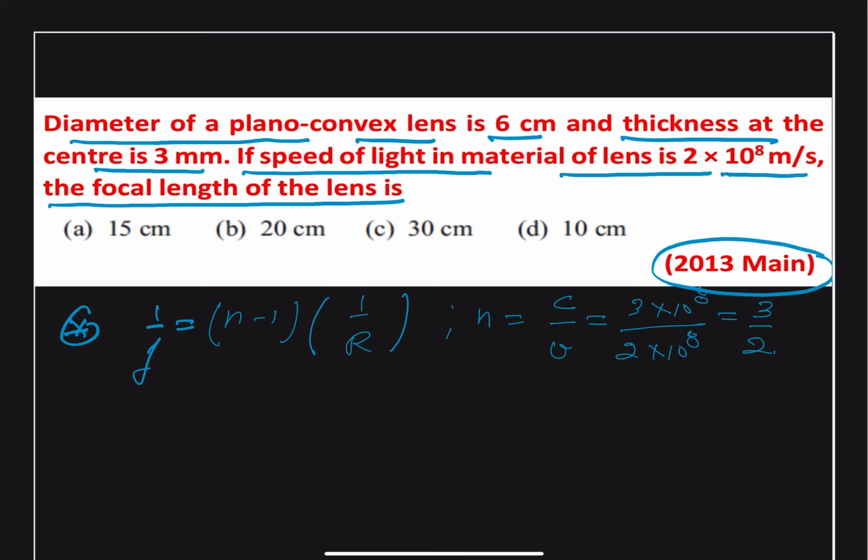Now we have to find the radius of curvature, and we know the relationship between the radius of curvature and the thickness at the center.